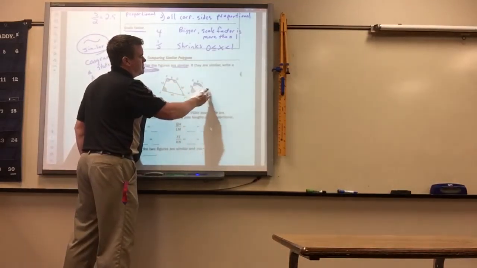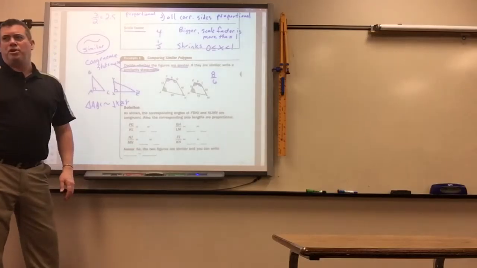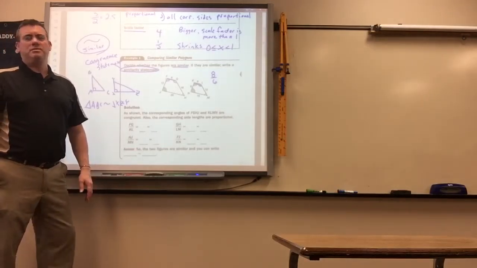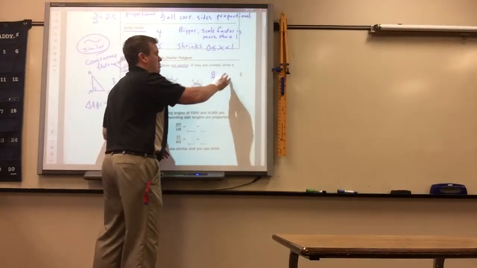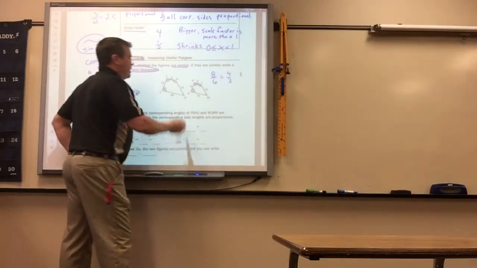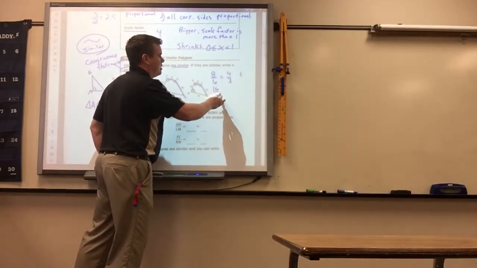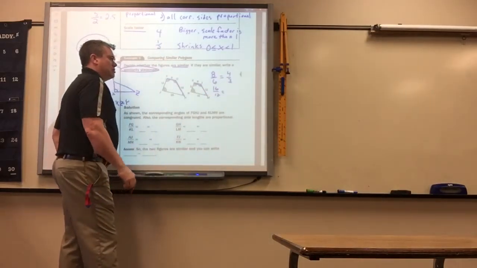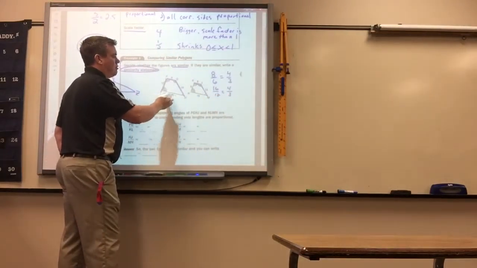8 corresponds to 6. Now, what you could do is just reduce each one. 8 over 6 reduces to 4/3. Then 16 corresponds to 12. Does that reduce to 4/3? Yes. 12 to 9.